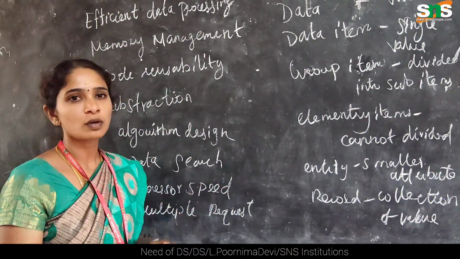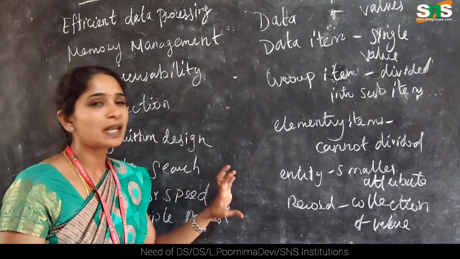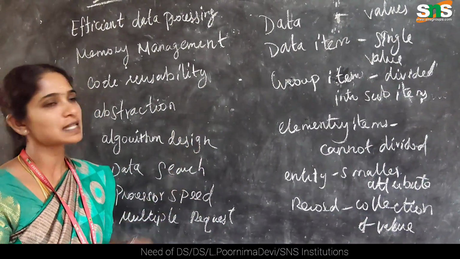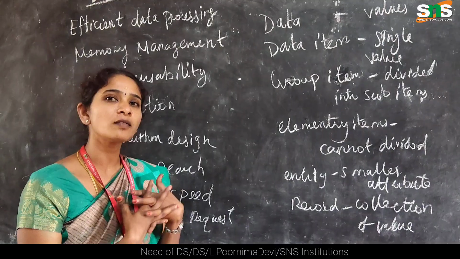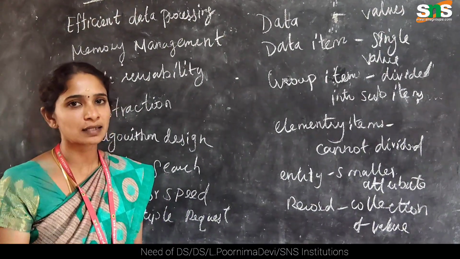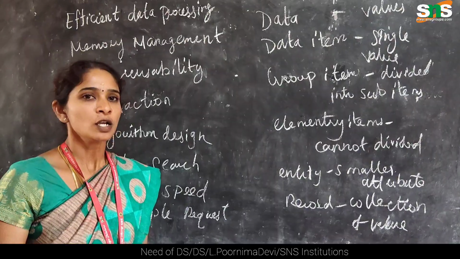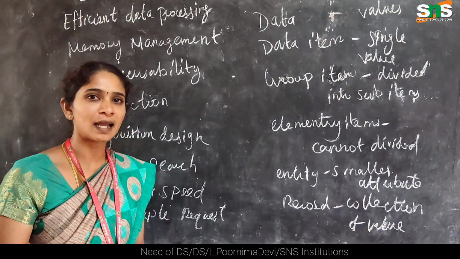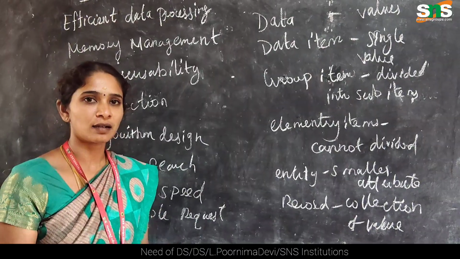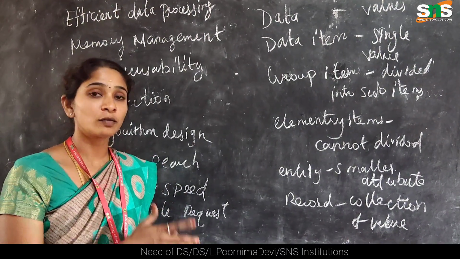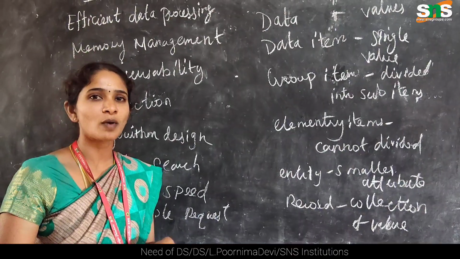Now we will see some technical terms used in data structures. The first is data. Data means what we need to access from others. We access n number of data in real time, for example when we text another person using messages or WhatsApp, or use any of the many social media platforms.